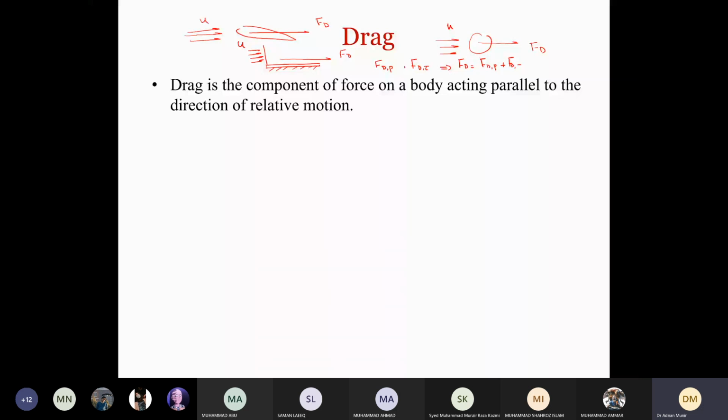In some of the cases, the drag force might only be because of pressure, or it might only be because of shear stress. For example, in case of a flat plate, if the pressure is constant, it is acting normal to the plate. So in this case, the drag force is only because of the shear stress.